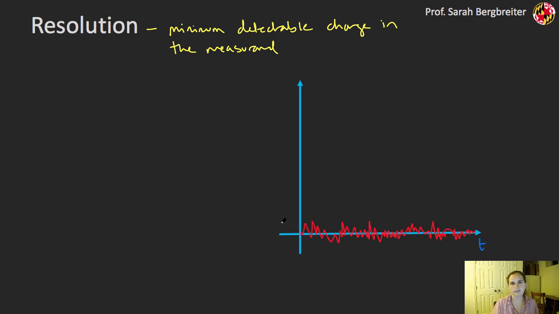Often if I have some kind of analog sensor and I have no input going into that sensor, say it's an accelerometer and it's just sitting still, then I will have some level of noise that I'm measuring at my output. I typically call this the amplitude of the noise floor from my sensor, and remember that this noise floor is in my output units.